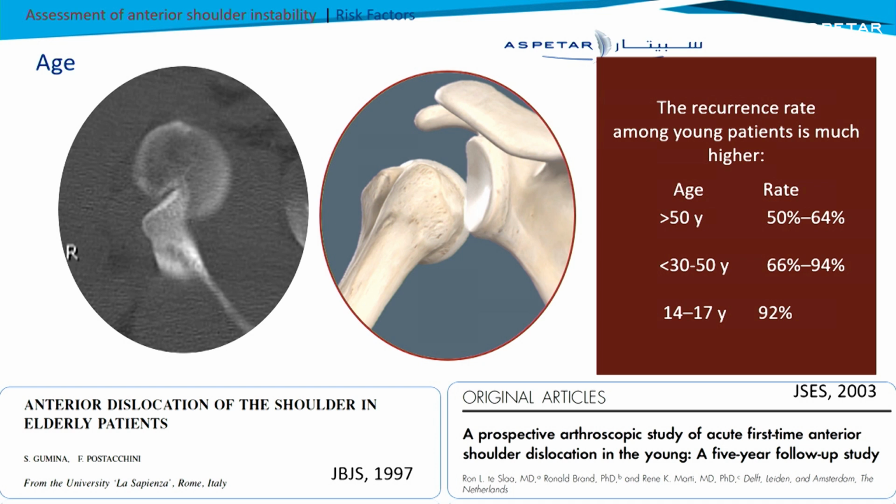If the patient is over 50 and experiences an anterior inferior shoulder dislocation, luckily the recurrence rate is less than 50%, but in those cases a rotator cuff tear as a concomitant injury is over 60 to 70%. So the risk of recurrence is very high if the patient has a rotator cuff injury plus a Bankart lesion.